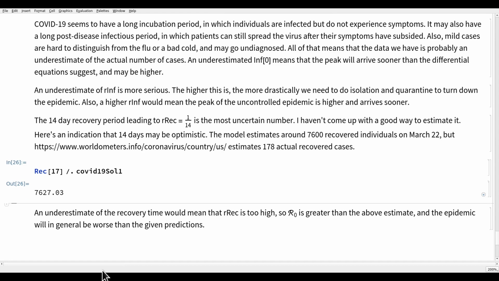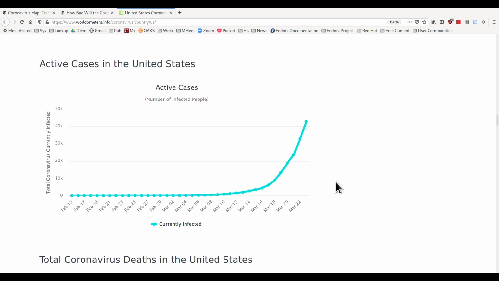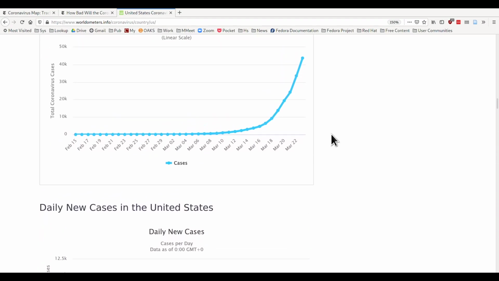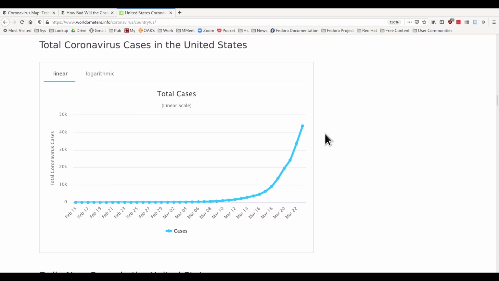Let me go back to the Worldometer and show you something that is kind of concerning. So this that you're seeing right here is the number of active cases, the number of infected people. Unfortunately, it doesn't have this option. This is the total number of cases, so it's the sum of the infected cases and the recovered cases.